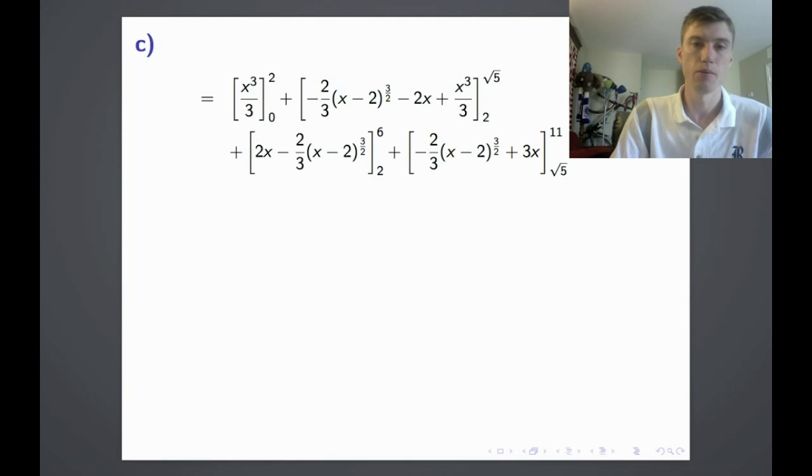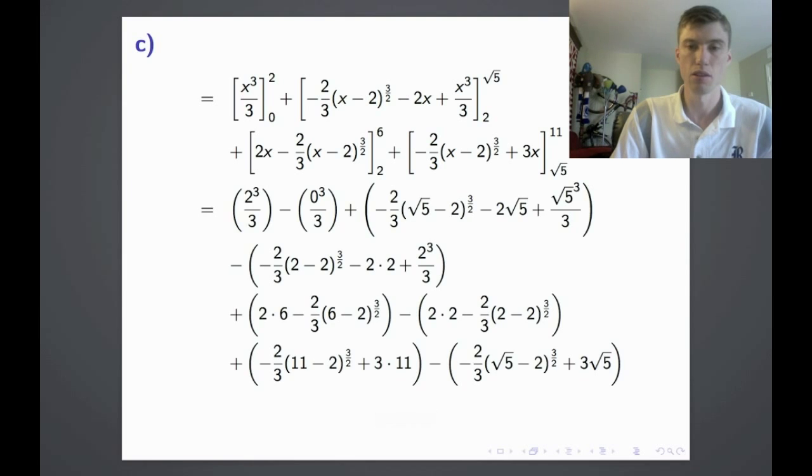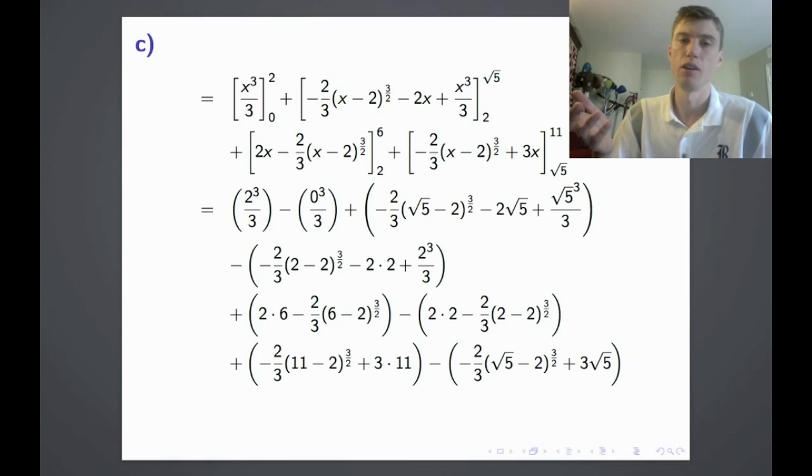So now we take some antiderivatives and evaluate them on the bounds. Each of these antiderivatives is a power rule, with the most complicated power rule being a fractional power.